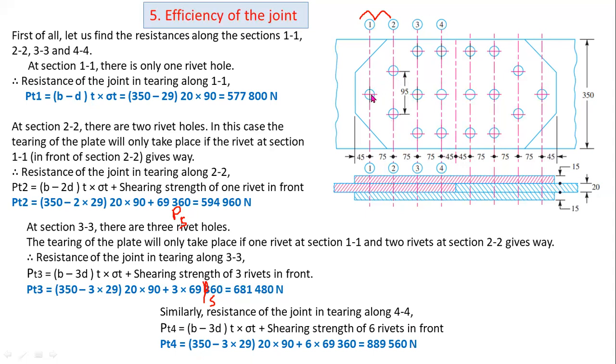Okay, there are 6 rivets in front of the fourth row. 1 plus 2 plus 3, total 6 rivets in front of section 4. We have to consider 6 rivets shearing strength. So 6 into PS is the shearing strength for 6 rivets.